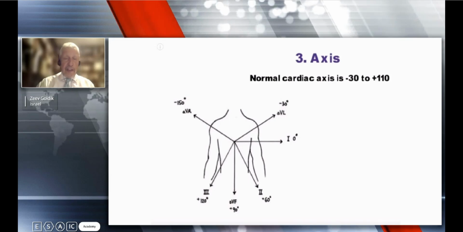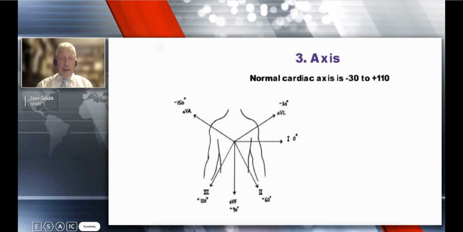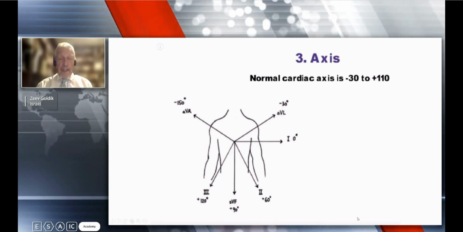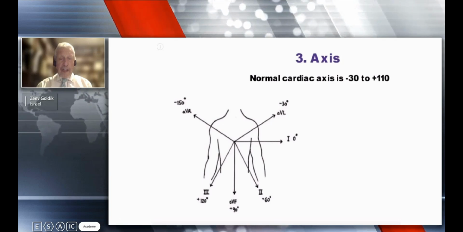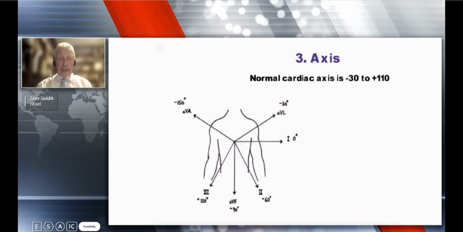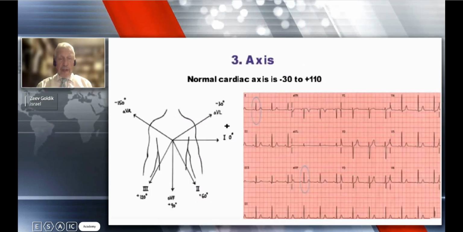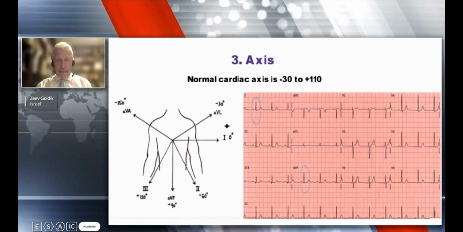Let's go to the third step, which is the axis of the patient. The normal axis, you can see it when in lead 1 and AVF, in these two leads, the complexes are positive. This is a normal cardiac axis.